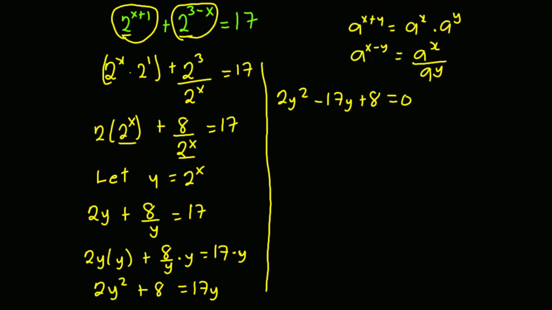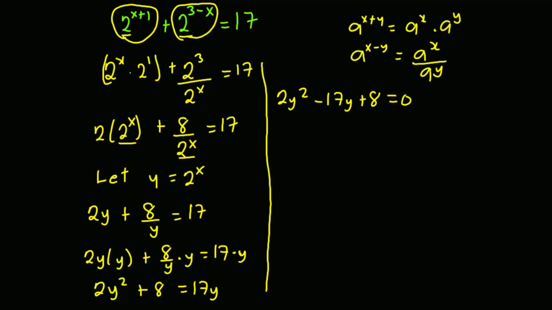When you get this, if you multiply 8 by 2, you get 16. So we are looking for two numbers that when we add, we get negative 17, but when we multiply, we get 16.